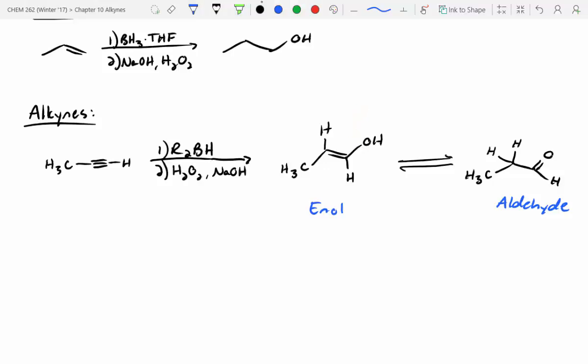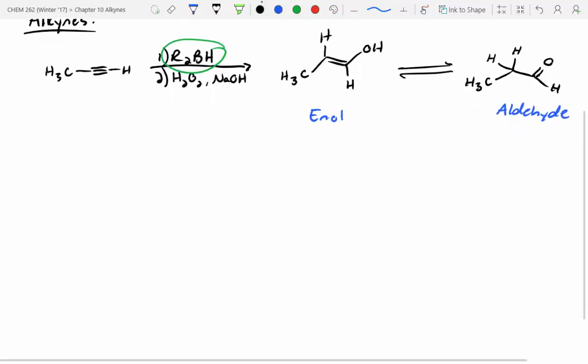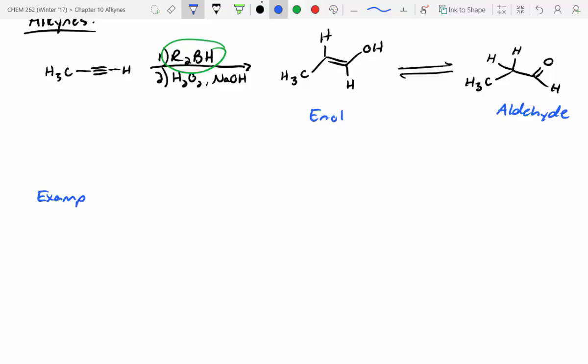Okay, so let's take a look at some common boranes that are used. So let me actually change colors so you guys can see it better. So examples of R2BH.